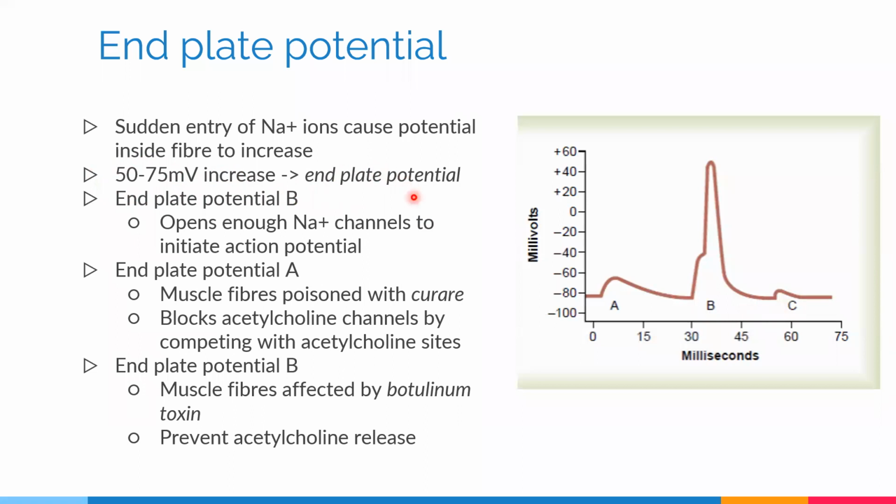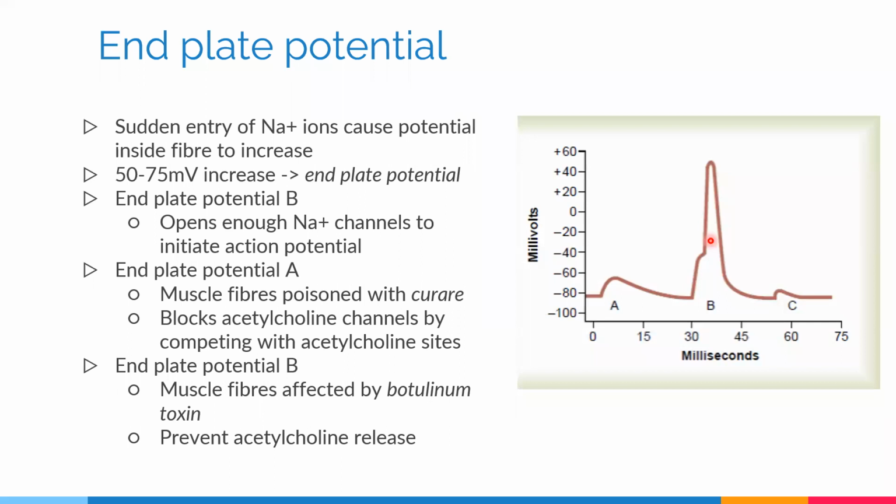As we can see, we have a diagrammatic representation of the end plate potentials that can be generated in muscles. To start off, we have end plate potential B, which is strong enough to open enough sodium channels to initiate an action potential. As we have seen in previous videos, there is a particular threshold that needs to be crossed for the action potential to be initiated for the whole membrane.